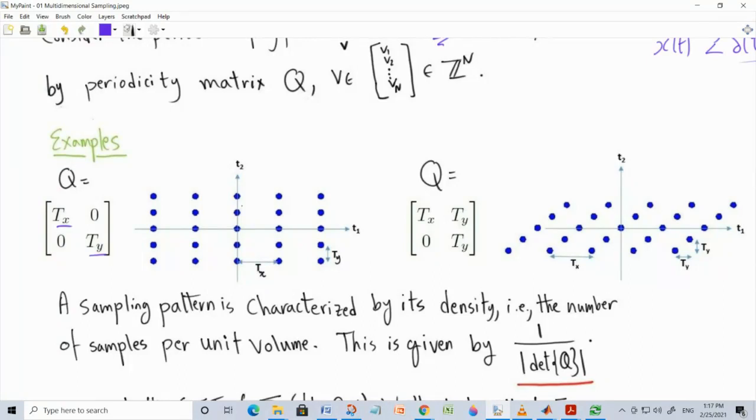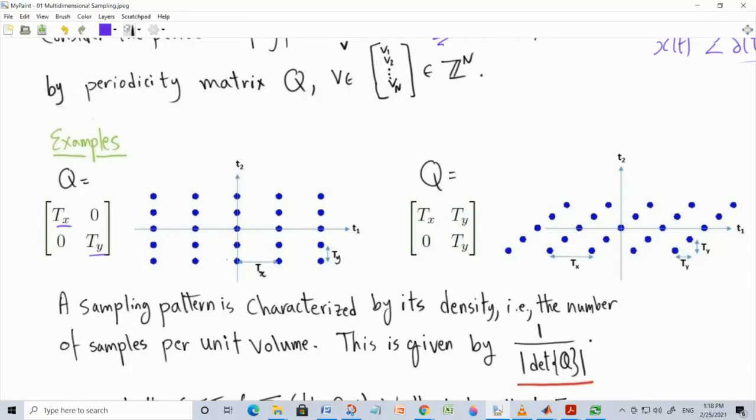The corresponding Q matrix will be a diagonal matrix with positive entries along the main diagonal, and those entries give you the spacing between 2 consecutive samples along one of the axes. But you do not need to do this.